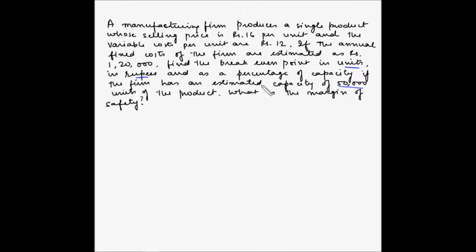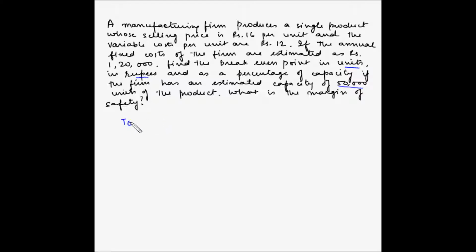Let's first find out the break-even point in terms of units. So what is the break-even point? The break-even point is the point where there is no profit and no loss. Or in other terms, the total cost is equal to the total revenue. Or whatever you have invested, that is what you have gotten back in returns.